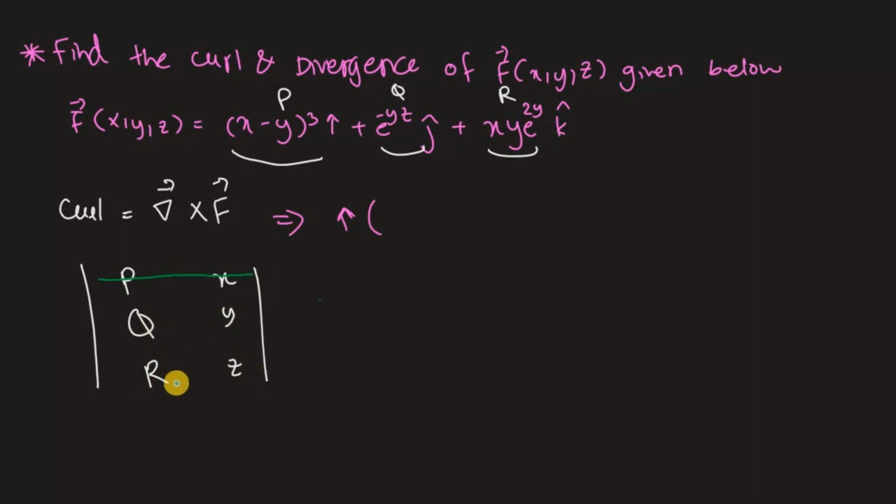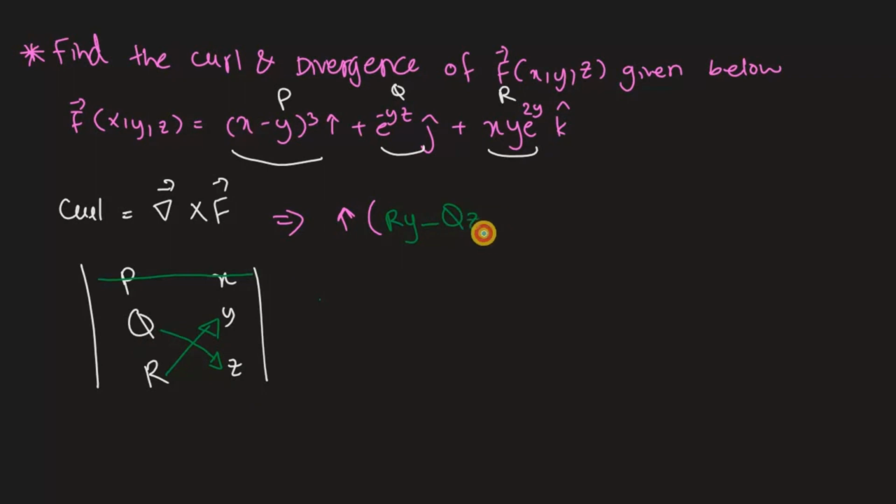So you're going to go in the opposite direction of a determinant. Instead of going from up to down, you're going to go from bottom to top. So you multiply this times this, which is R times Y, and then before you go in the other direction, you put a negative, and negative this times this.